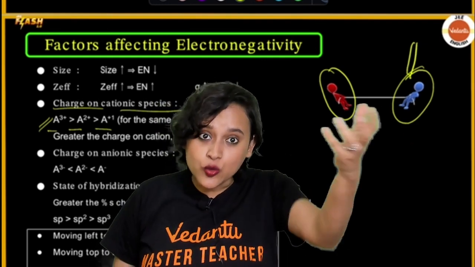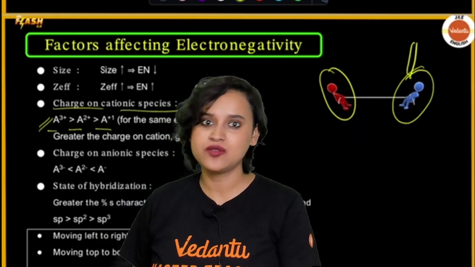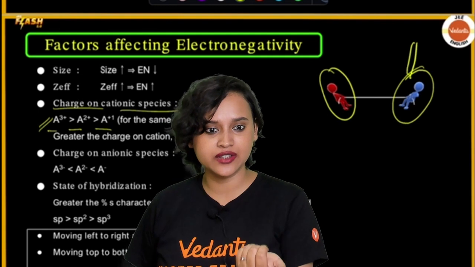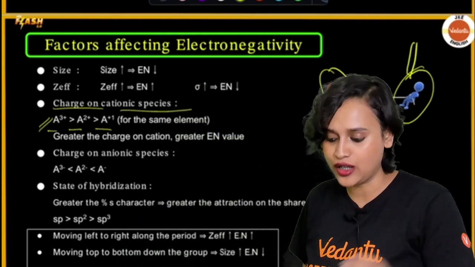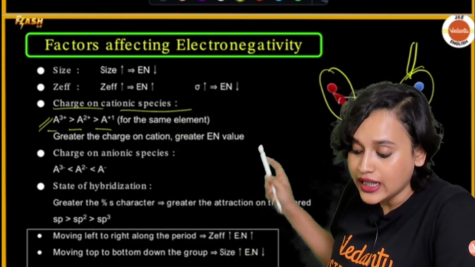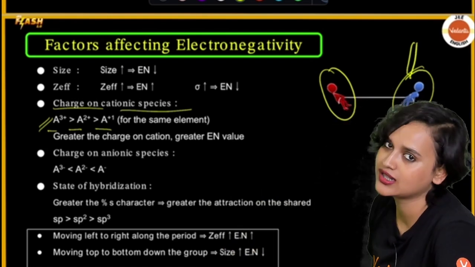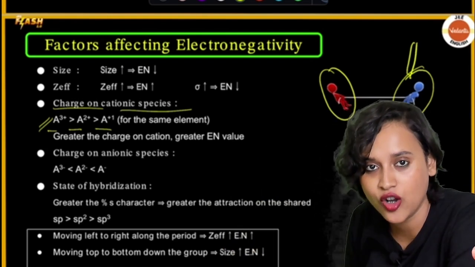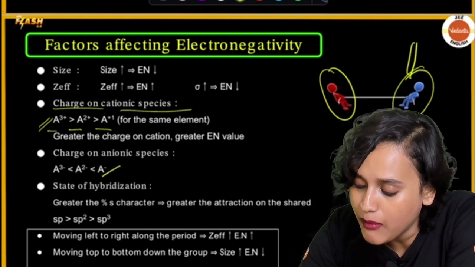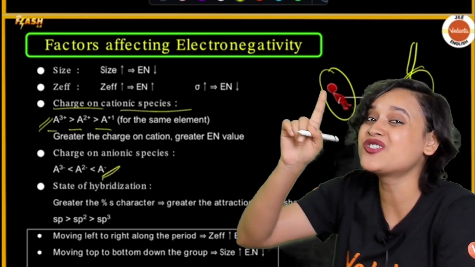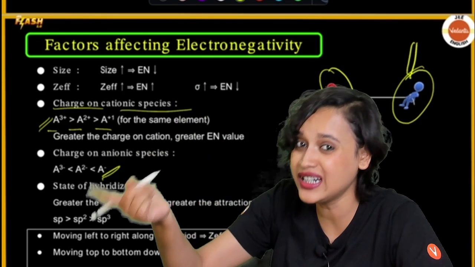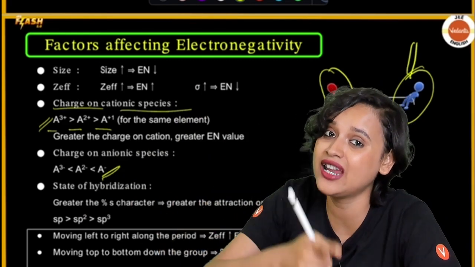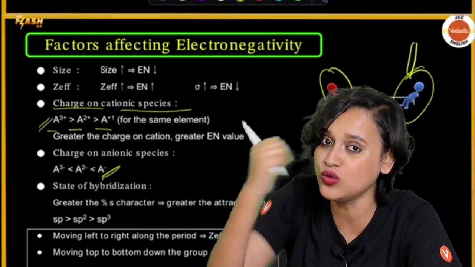So that is why it will have a more electronegative value. Now, in case of anionic, obviously it is opposite. You see that A minus, if it is just 1 minus, it will have a greater electronegativity than if it has 3 negative or 2 negative charge.